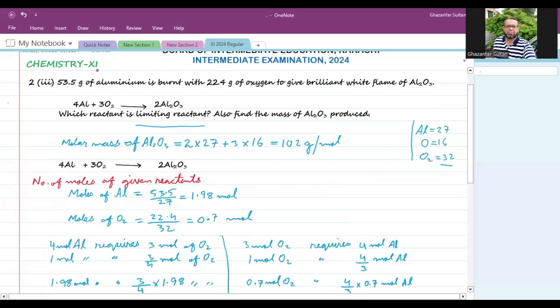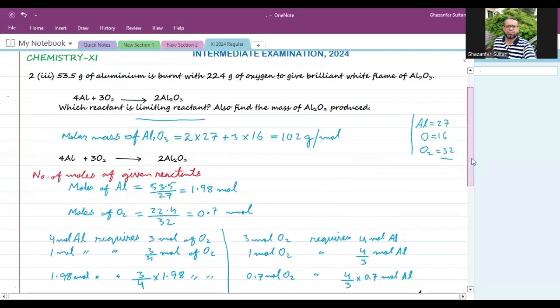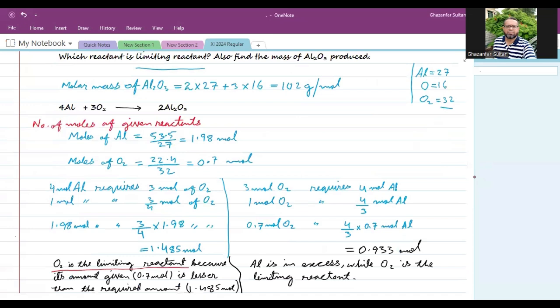And after calculating number of moles, we determined the limiting reactant. So there are two ways of determining limiting reactant. You can use either of these two ways. So either use this calculation or this. Don't go with both of these. Any one is enough.